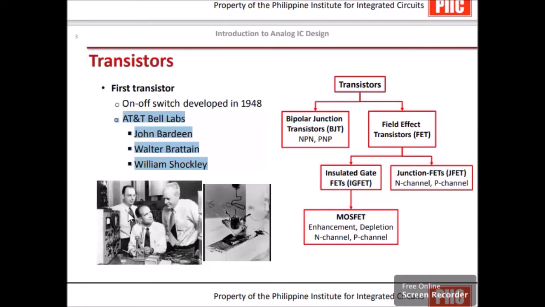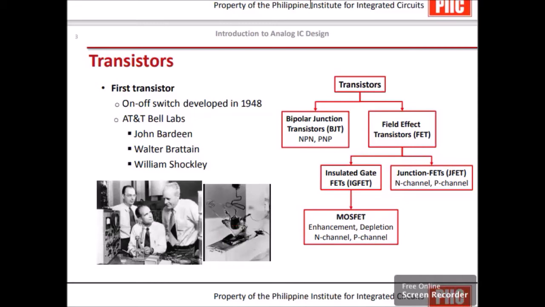And yung first transistor natin ganito yung itsura niya. Malaki siya. Unlike sa transistor natin ngayon na naka-IC type na siya, ang liit, 'di ba? But the first transistor was this one.